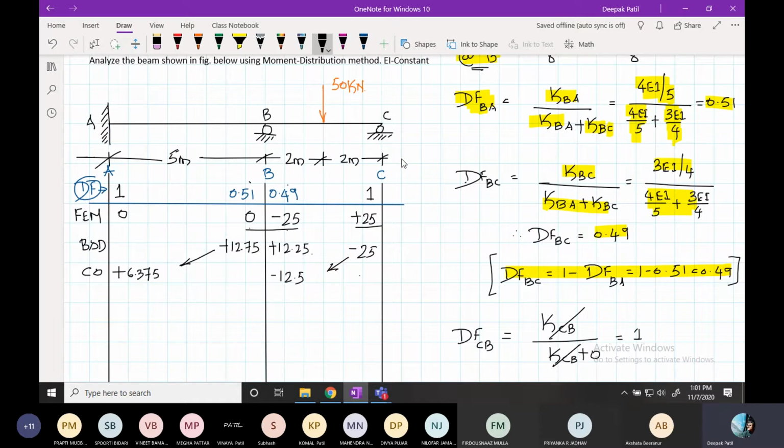Do you agree or not? C is a roller support and an end support. So always don't carry over from, just a minute.